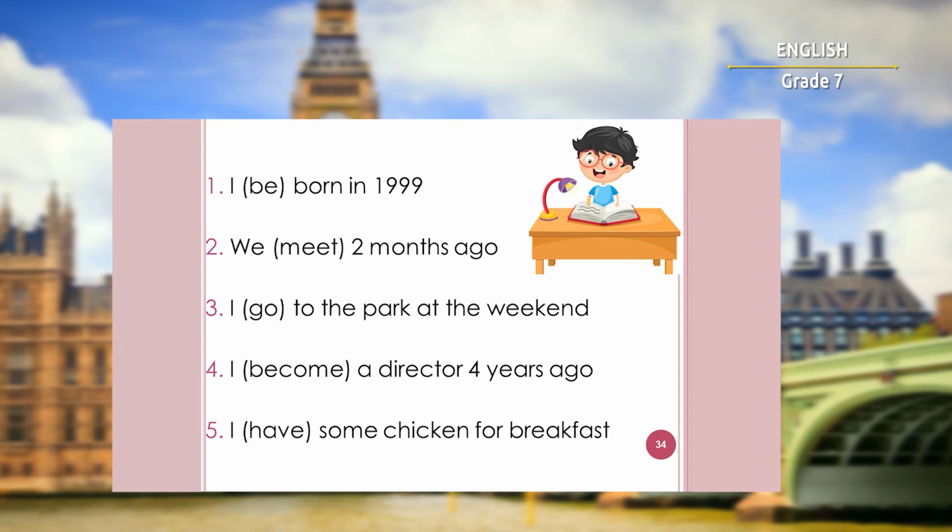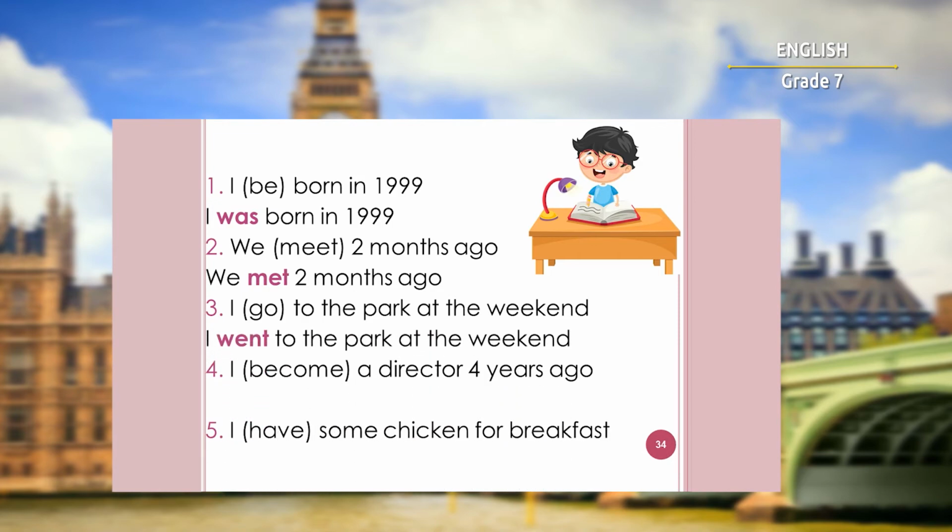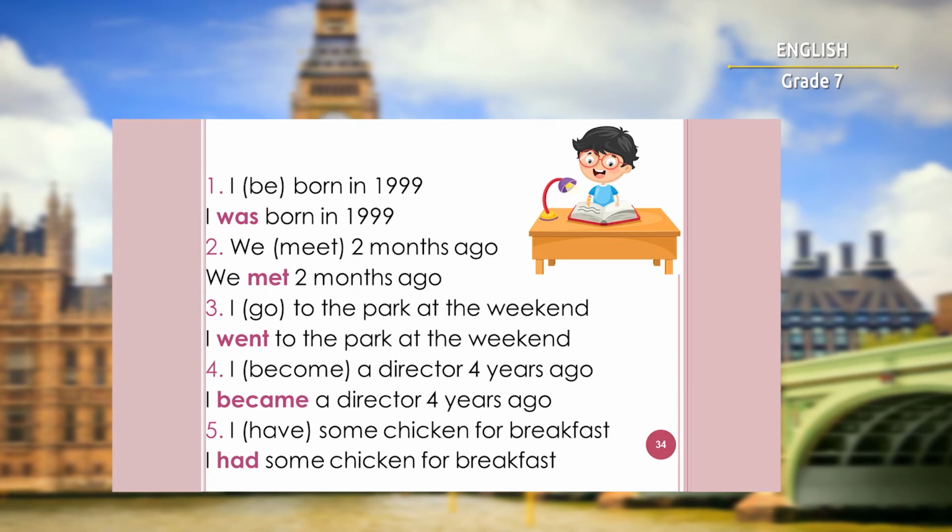Have you finished? Then let's check your answers. The first sentence. I was born in 1999. The second one. We met 2 months ago. The third sentence. I went to the park at the weekend. And the fourth one. I became a director 4 years ago. And the last one, I had some chicken for breakfast.